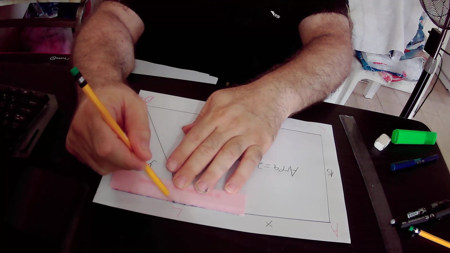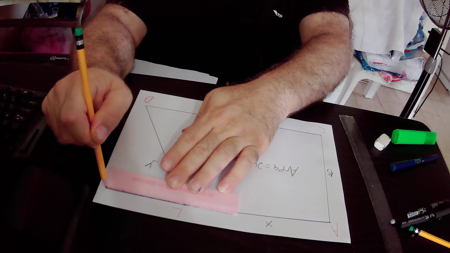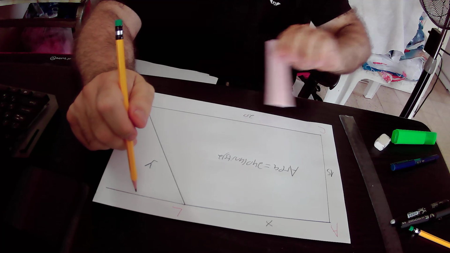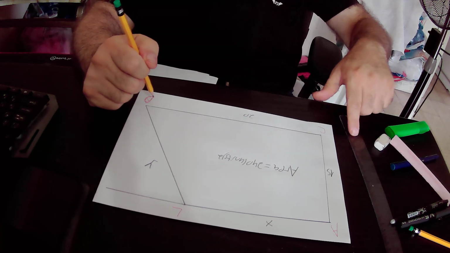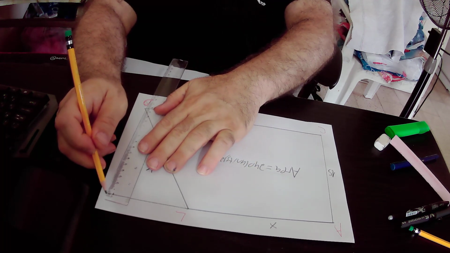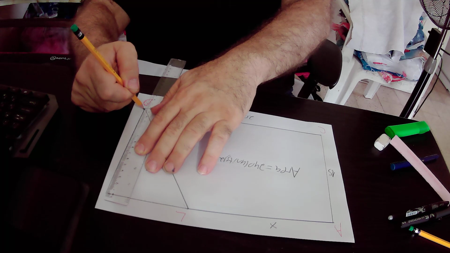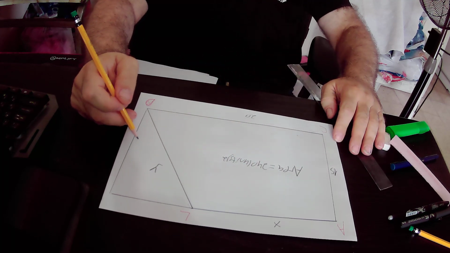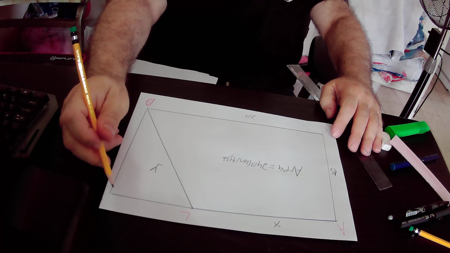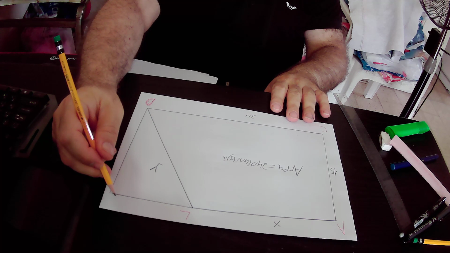Then we will lower a perpendicular from the line that we drew to segment CD, and we will name the new vertex here as F.